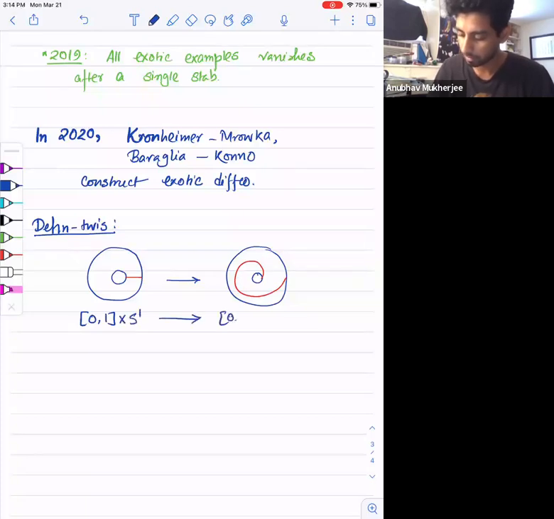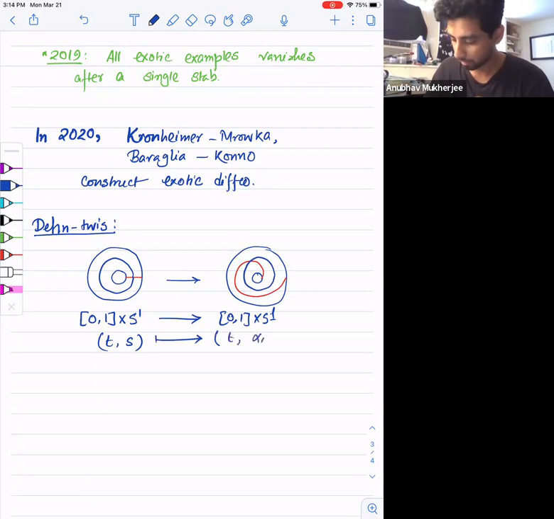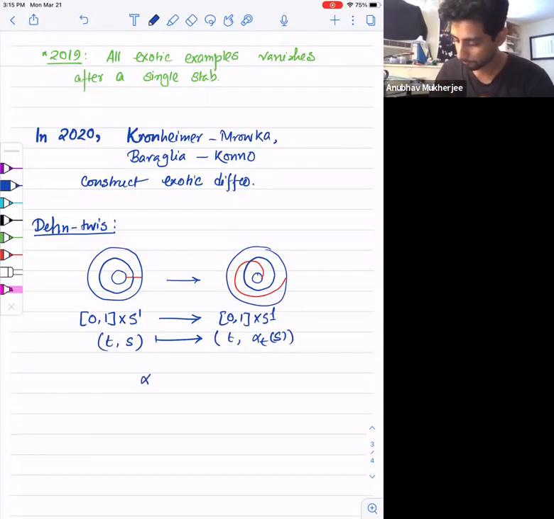At each time t, we have a fiber that is a circle S1, and we map (t, s) to (t, alpha_t(s)), where alpha is a non-trivial loop in the space of diffeomorphisms of S1.